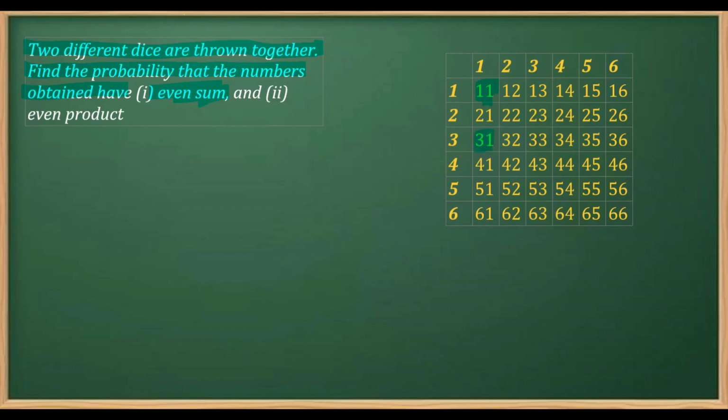The sum is even, right? Similarly, 1 plus 2 is not even, but 2 plus 2 is even. 4 plus 2, 6 plus 2. If you keep on counting like this, right, you may end up getting the pattern over here. Pattern you can understand. But then it's a small question, so you may just circle those.